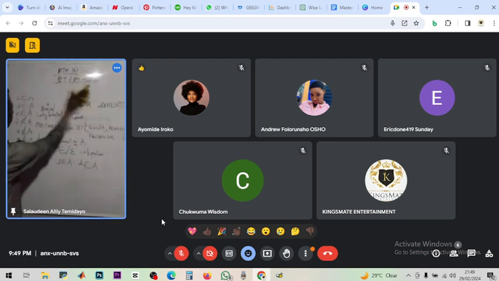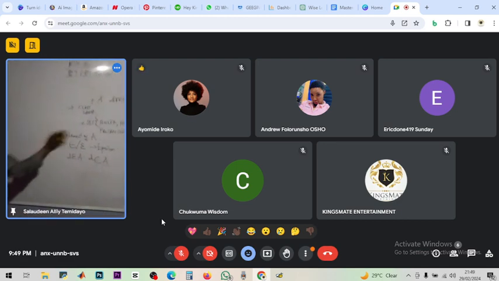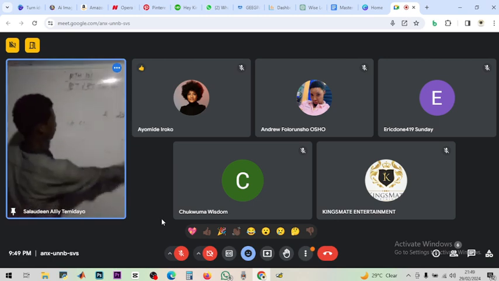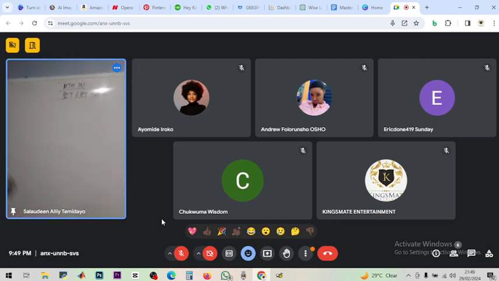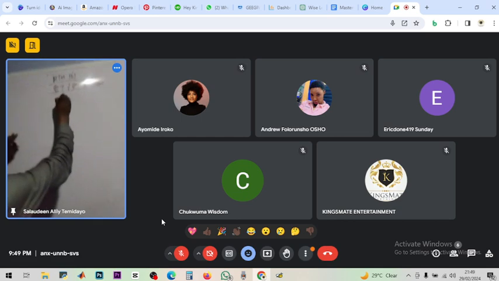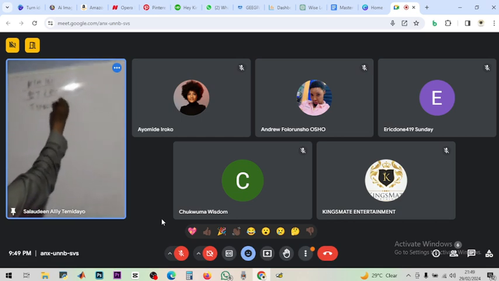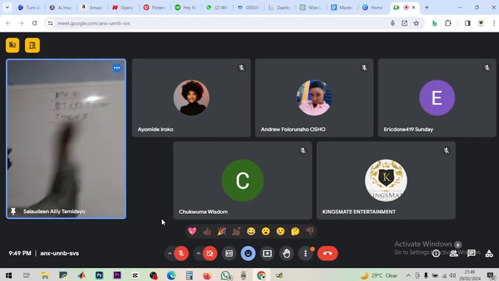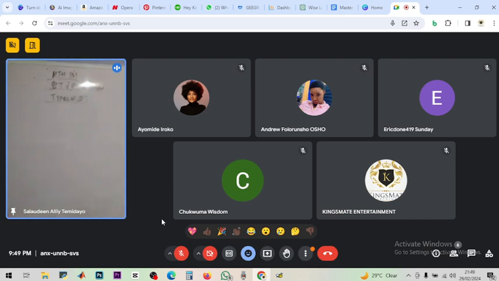Types of sets. We have so many types of sets, numerous types of sets.